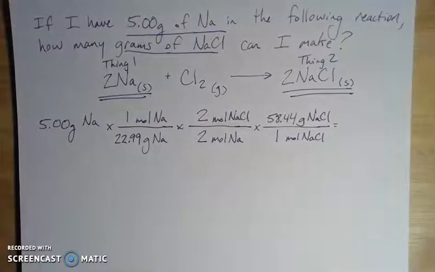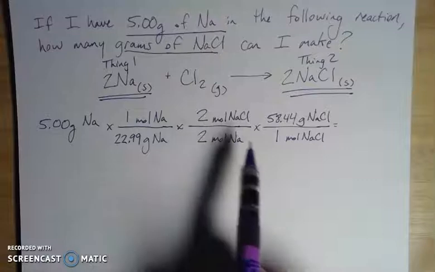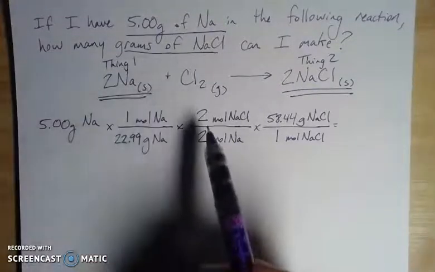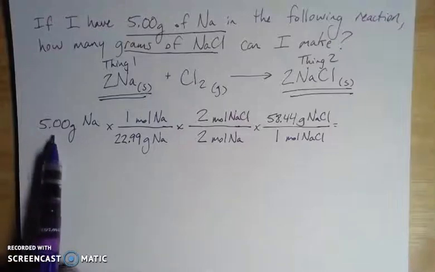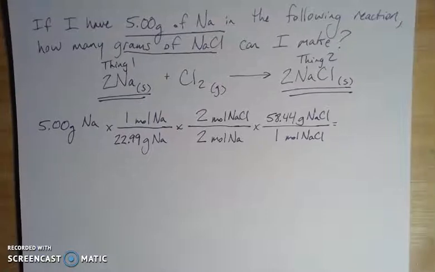And when I'm rounding my answer, I have 4 sig figs in each of these guys. These molar ratios are all just counts, right? I'm counting how much it is. It's an exact number. So I'm going to be limited by my mass here, which has 3 significant figures. Those zeros after the decimal are significant. So I'm expecting a number that's larger than 5, that I'm going to round to 3 sig figs.